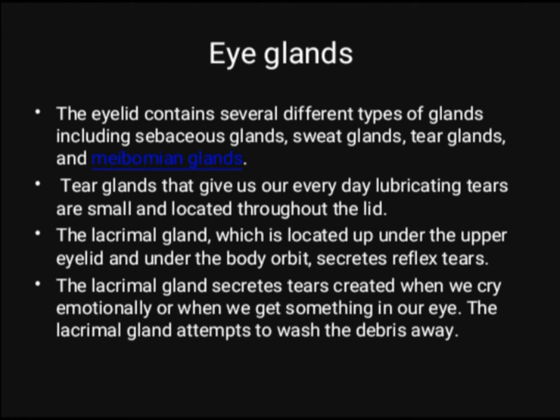Tear glands help us lubricate our eyes. A small amount of tear is always spread in our eye because of our eyelid. The lacrimal gland secretes tears, either when we cry emotionally or to wash debris and dust particles from our eye.